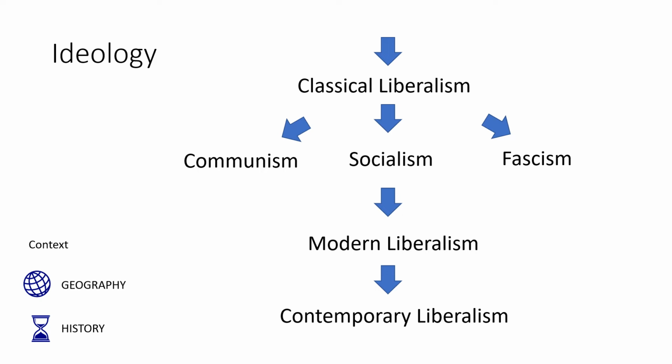Next, when you're interpreting the source and you're making a connection, you'll want to connect it to an ideology. Here we see the evolution of liberalism, moving out of the Enlightenment, out of the past of feudalism into classical liberalism, which occurred during the Industrial Revolution, primarily in Great Britain and in Europe.